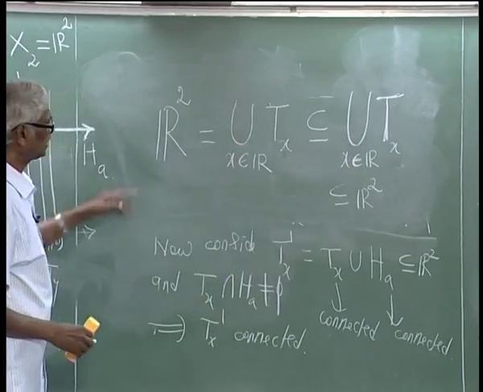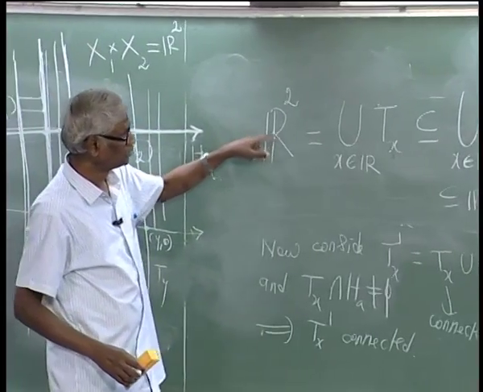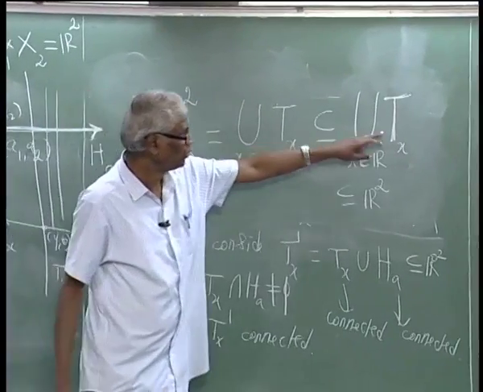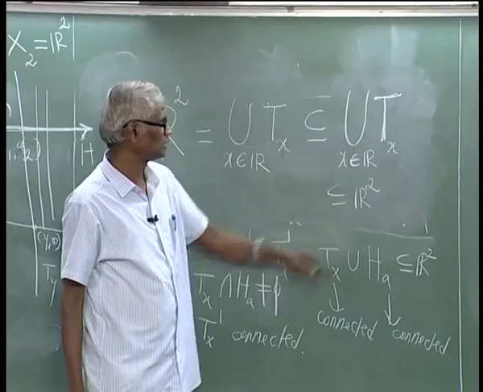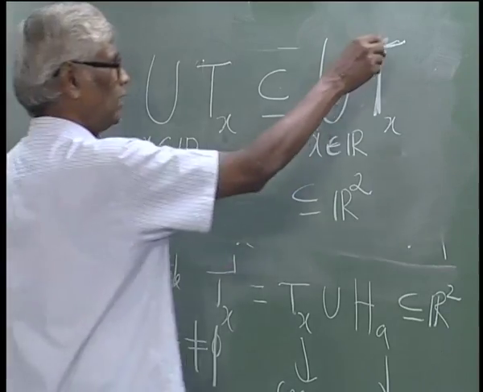Hence R2 is a subset of the union of T_x prime, and that union is a subset of R2.